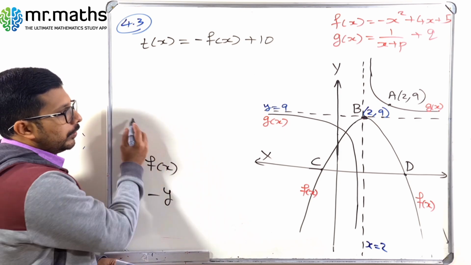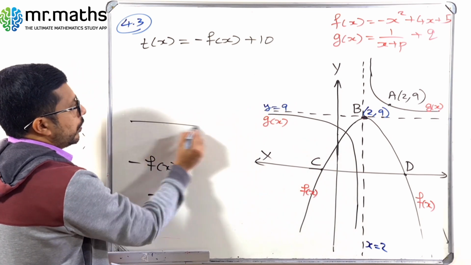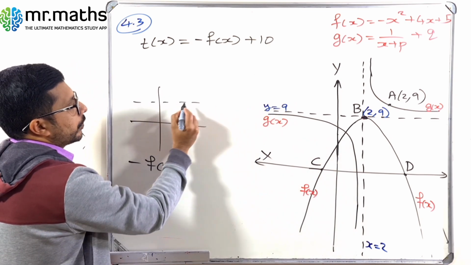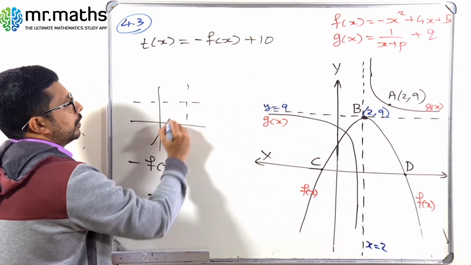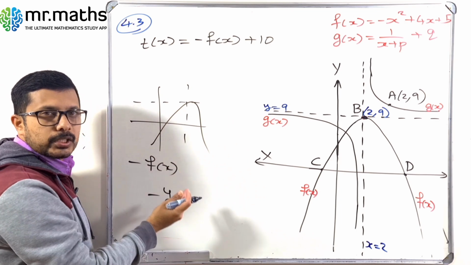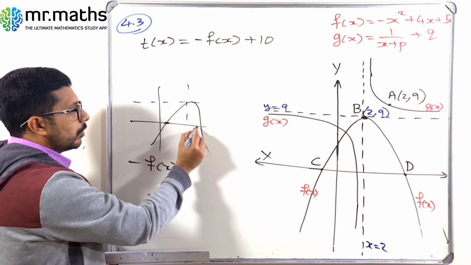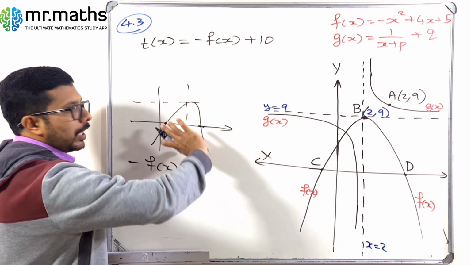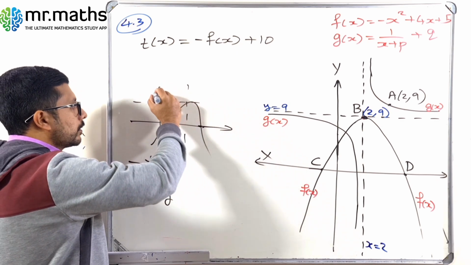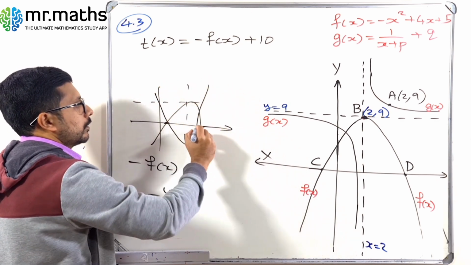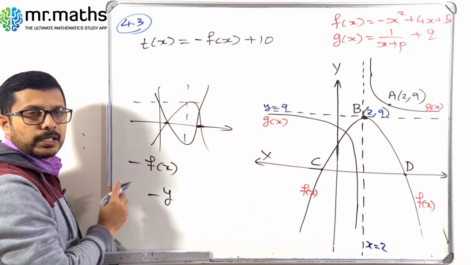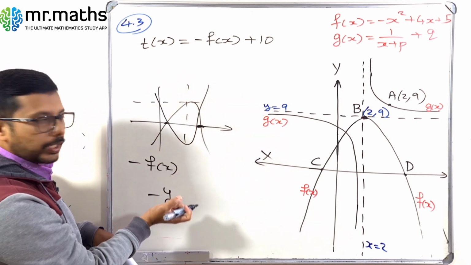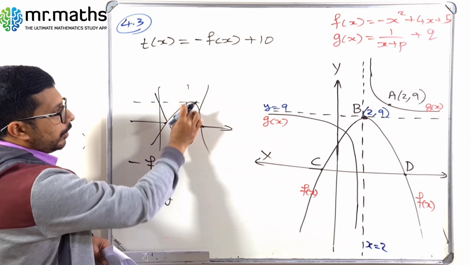So if that is our graph, we have a graph like this. Reflection based on the x-axis means based on this x-axis the graph changes like this. You understand? Can you see that this is our original graph?